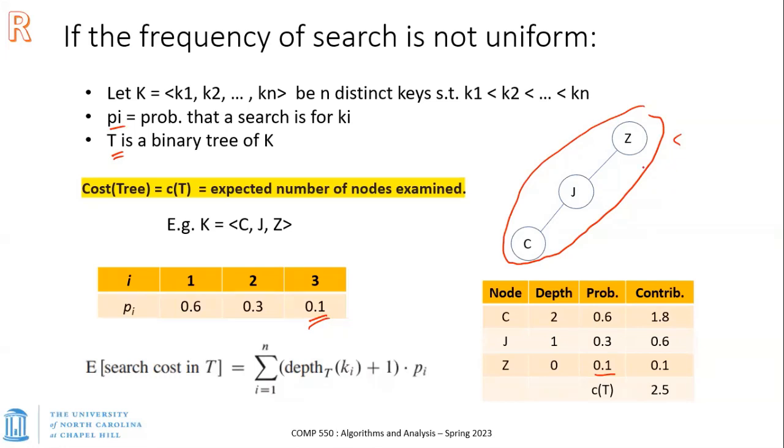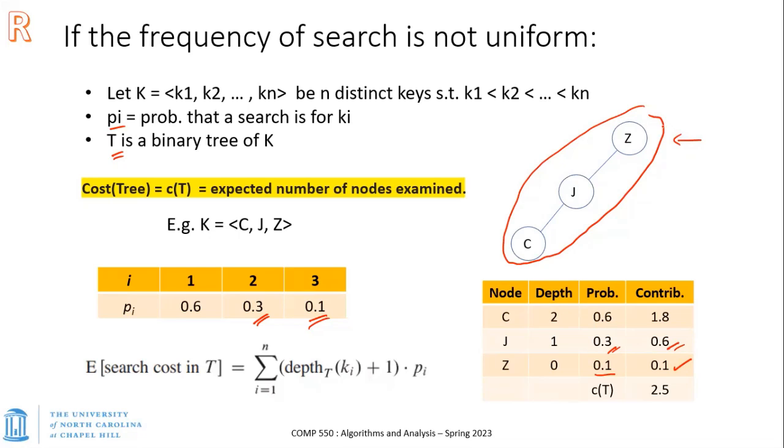If you didn't have any of this and you just had Z, then the cost would simply be 1 times the probability of doing that search, which comes out to 0.1. Now the cost of searching for J is the probability of J, which is 0.3, multiplied by how many nodes you had to examine to get to J. You examined Z, and since J is smaller than Z, you searched to the left.